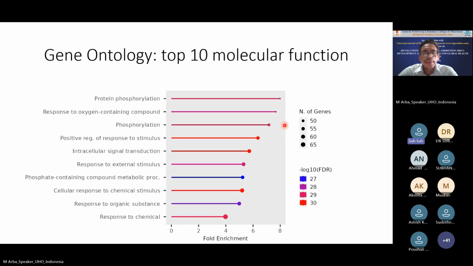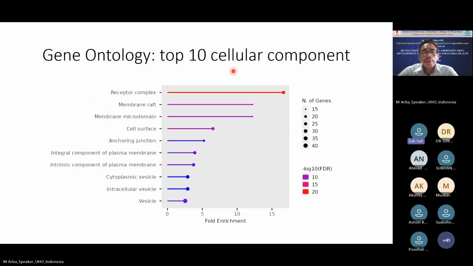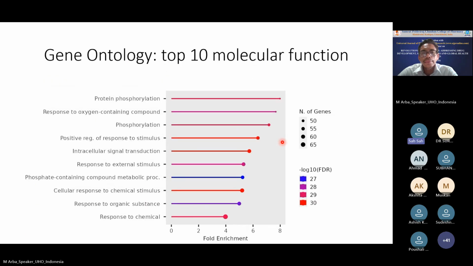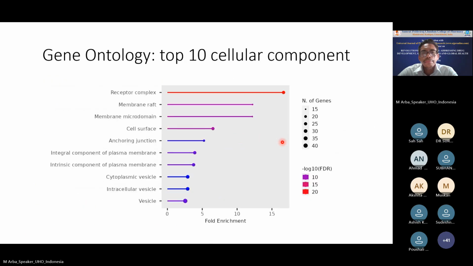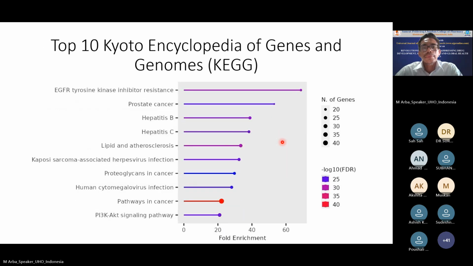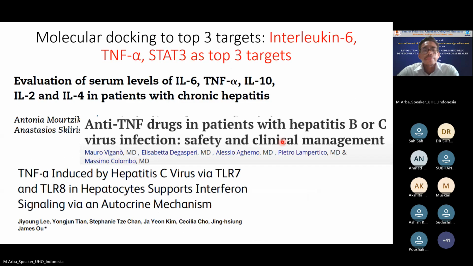And this is the gene ontology for the top 10: cellular component, molecular function, and also biological process. And then after that, we picked three targets for the molecular docking: interleukin 6, TNF alpha, and STAT3.